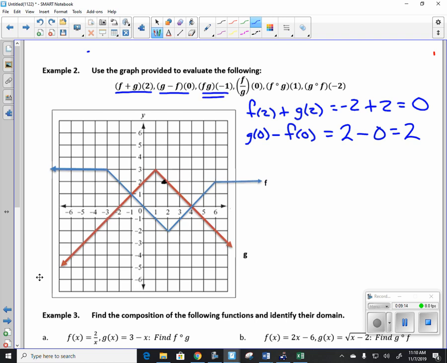When you multiply, it's f of negative 1 times g of negative 1. What is f of negative 1? 1. What is g of negative 1? 1.